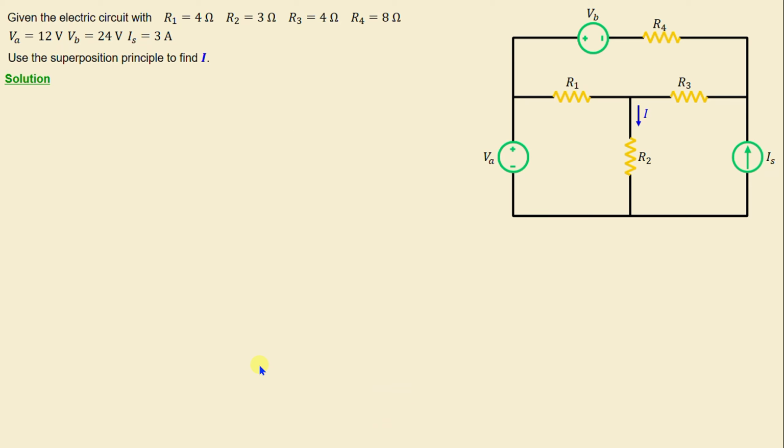Now let's consider the independent voltage source VB active and the independent voltage source VA and the independent current source IS inactive, which will be replaced respectively by short circuits and open circuits.